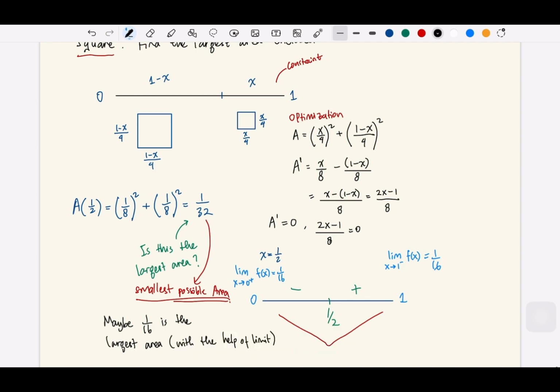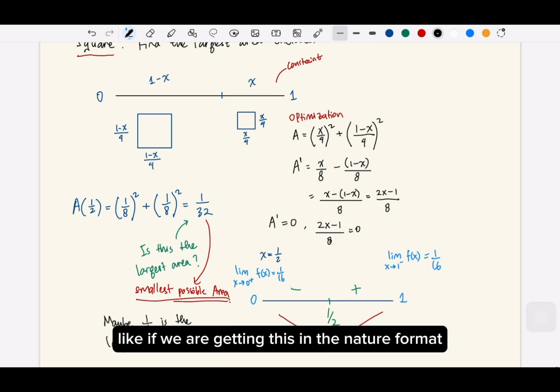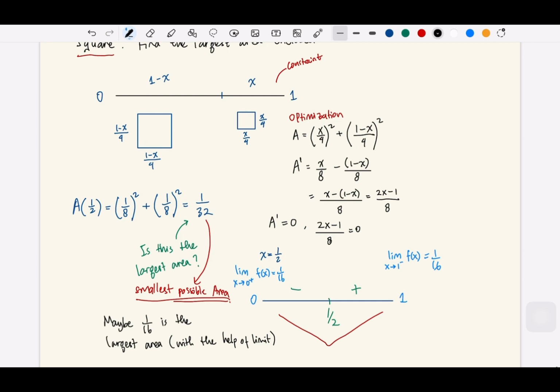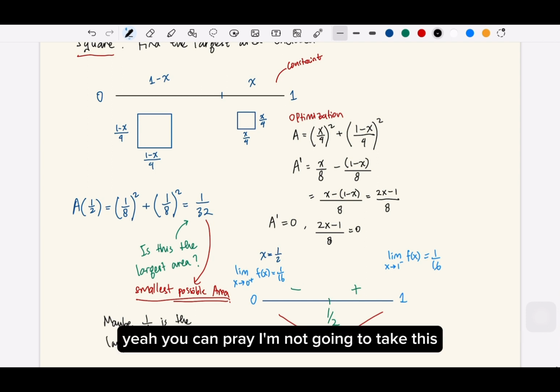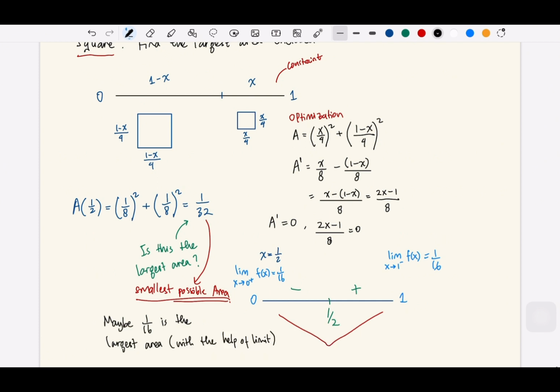Okay. I'm considering if we are getting this in the midterm format. I think no. I think no. Okay, I think no. Yeah. You can pray. I'm not going to take this into midterm.